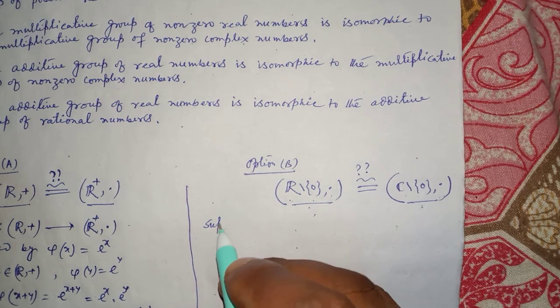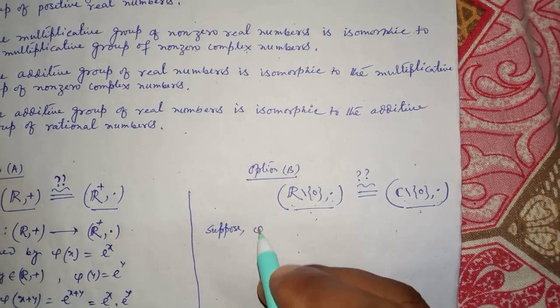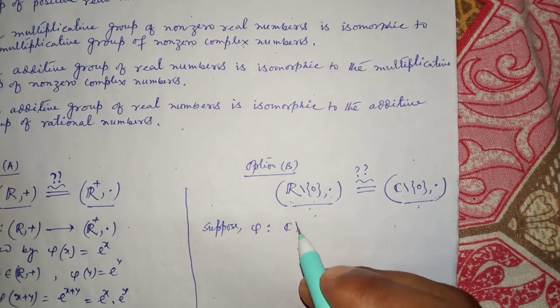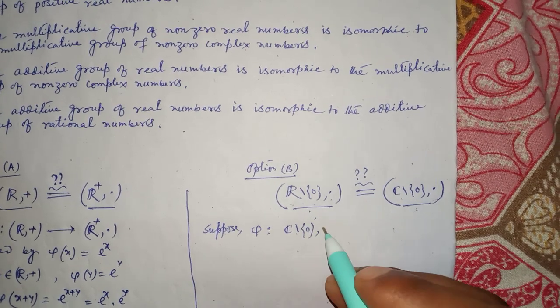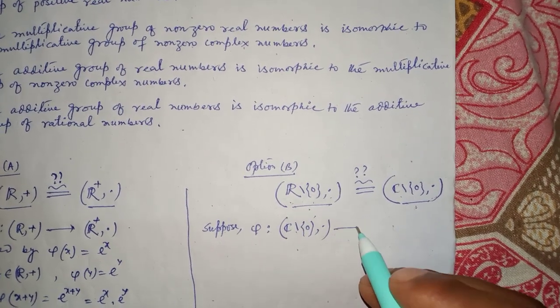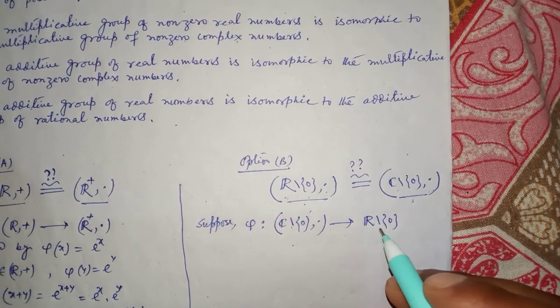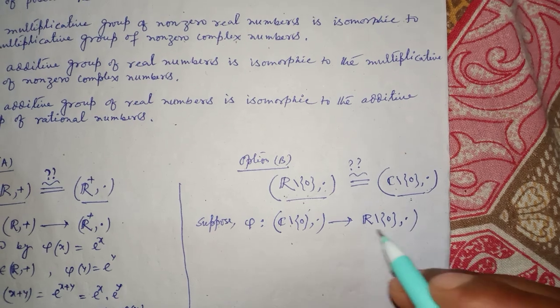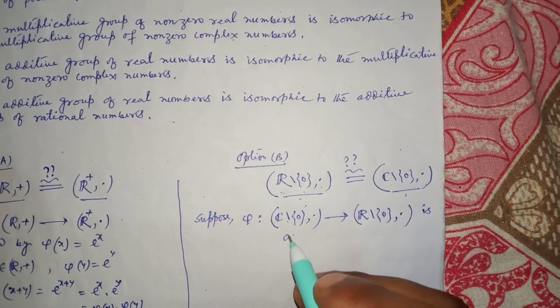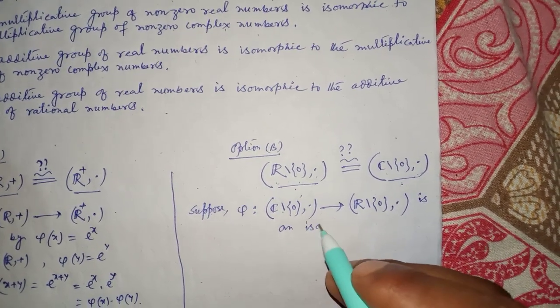Suppose phi from C minus 0 with respect to multiplication to R minus 0 with respect to multiplication is an isomorphism.